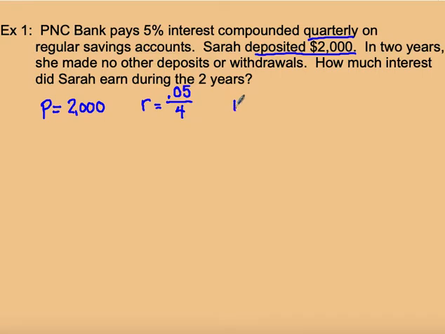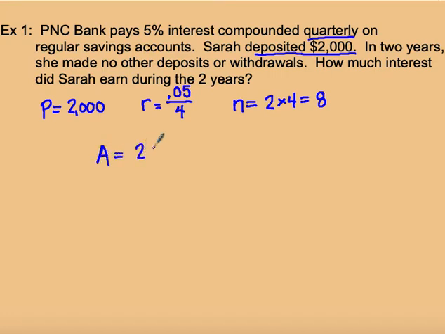Then N, how many times is it going to be compounded? So in 2 years, if we compound it 4 times, we're going to have 8 periods that we are going to compound that interest.